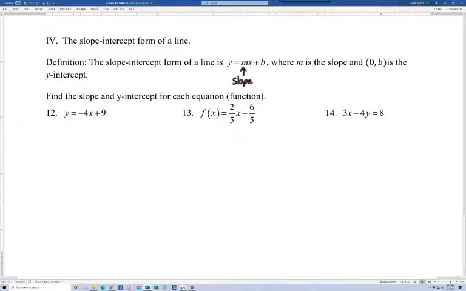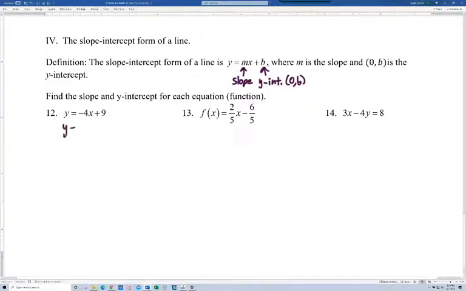So we're saying m stands for slope, and b tells us where the y-intercept is, so that's the point (0, b). We'll get into intercepts in the next section, so I'm not going to go into a lot of detail here. The main thing you can see about a y-intercept is it has an x value of 0.